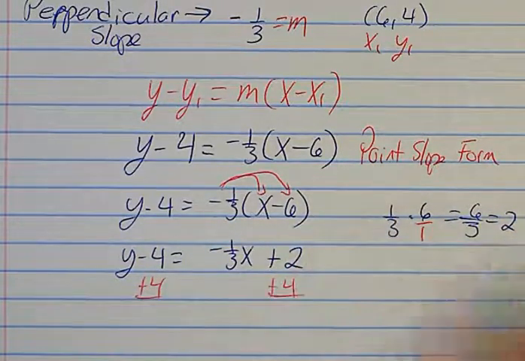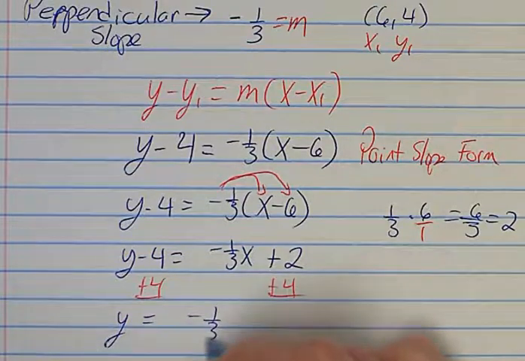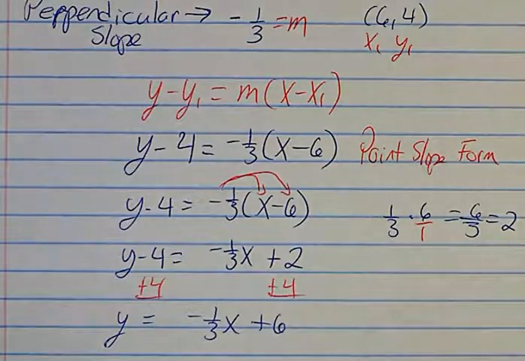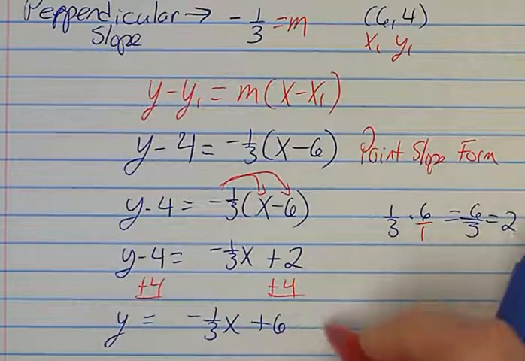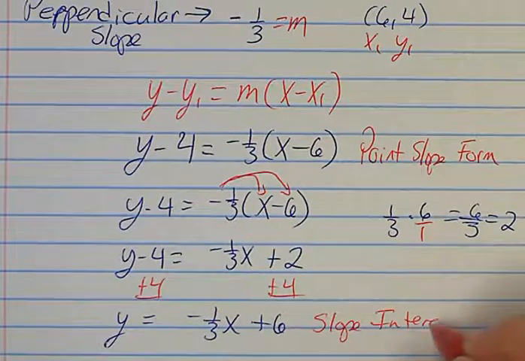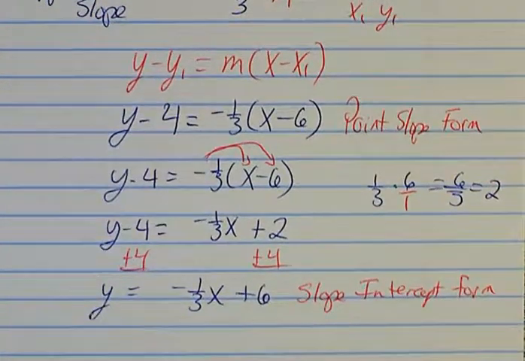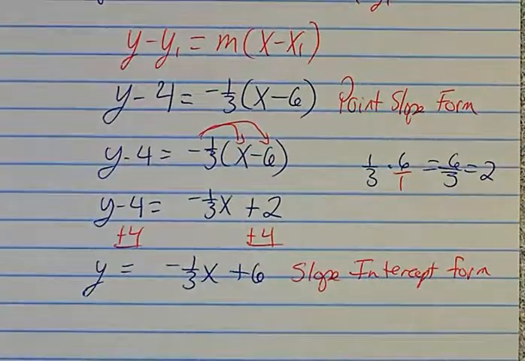Add the 4. Okay, so that's y equals negative 1/3 x plus 2 plus 4, which is plus 6. Now that's all you're doing.